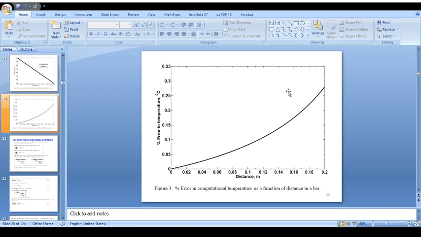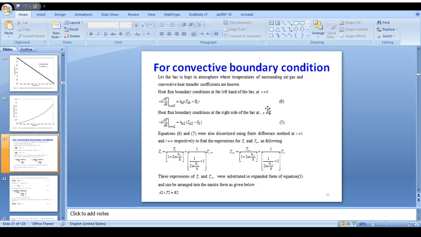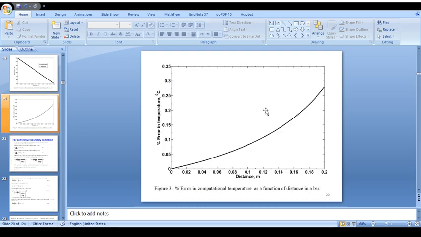This percentage can be minimized further by taking more and more difference points, but the only thing is your computation time will go up. So somehow we have to stop at some number of grids so that the error in temperature is acceptable. So this is all about the temperature boundary condition for heat transfer in a metal ball.